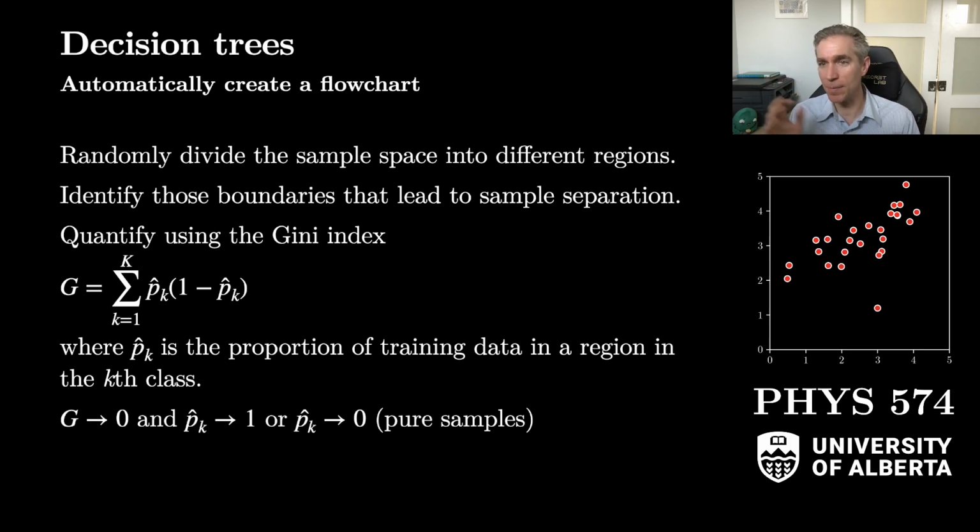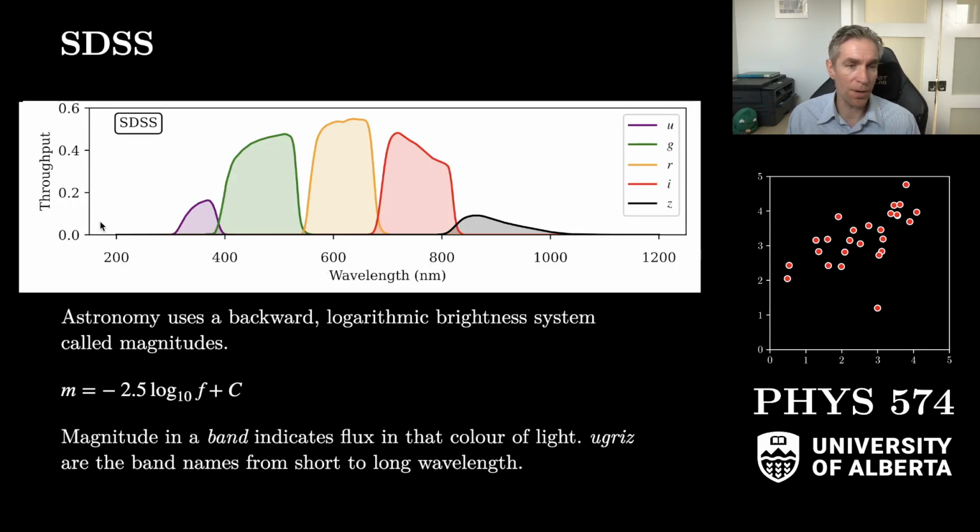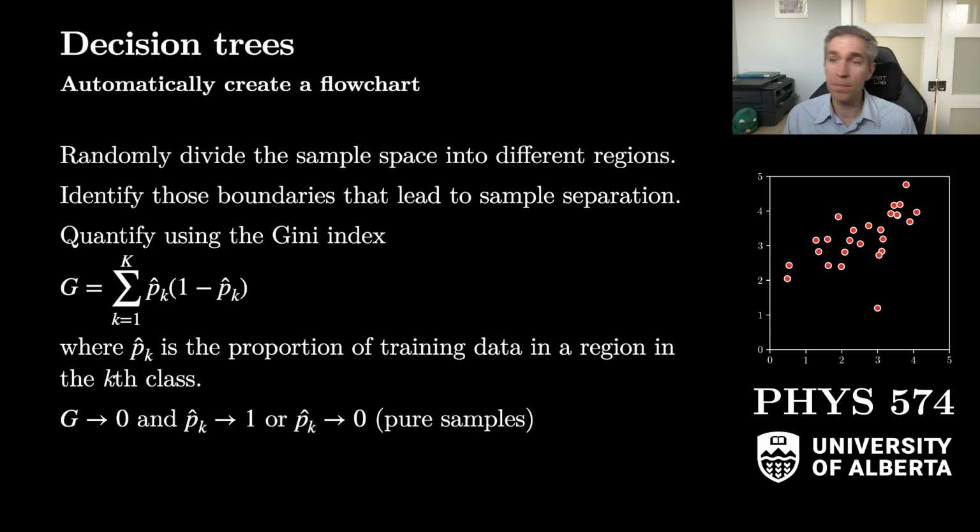We take this complicated sample space, which represents all the different fluxes, and I've also added in their ratios, the flux ratios, which are just differences in logarithmic space. So I make this large dimensional data set representing these different colors, and I ask, well, some of those I know are stars and galaxies, and we're going to divide the sample space into a bunch of different regions.